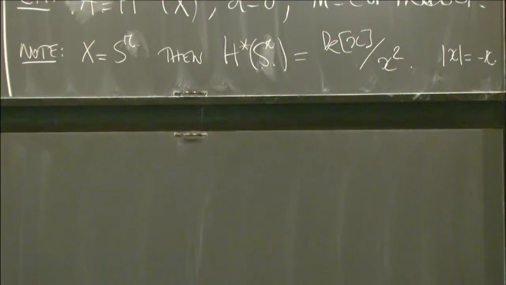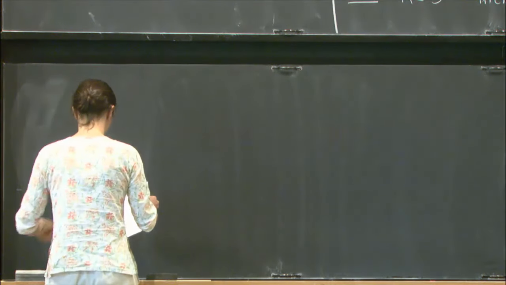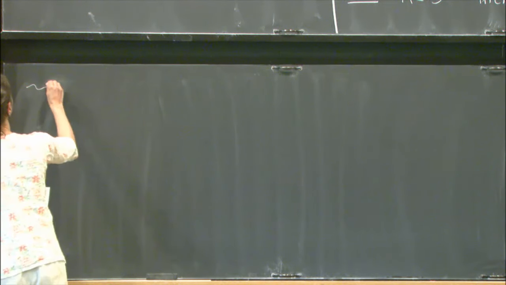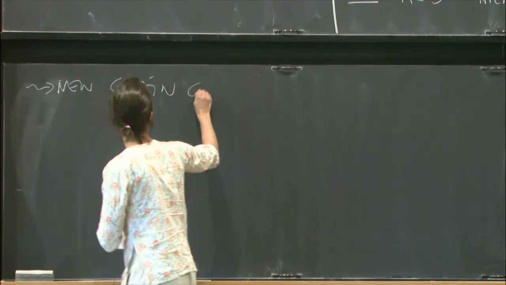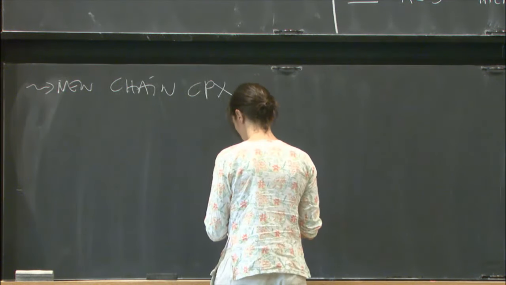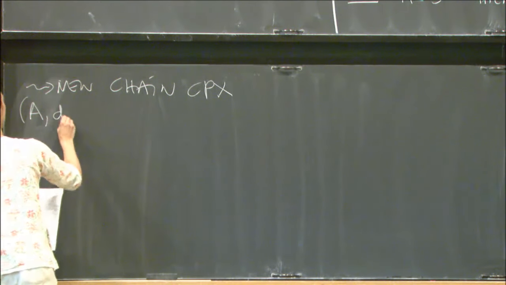Good. So when you have a differential graded algebra, you can get a new chain complex, which is called the Hochschild complex. So let me define it. We start with A, D, and M, right?